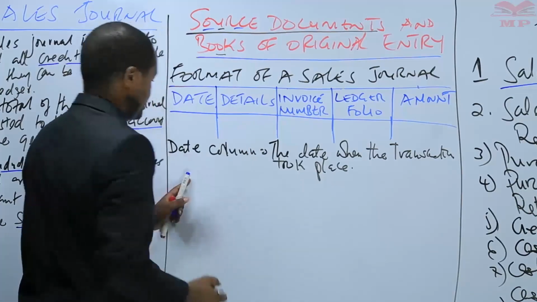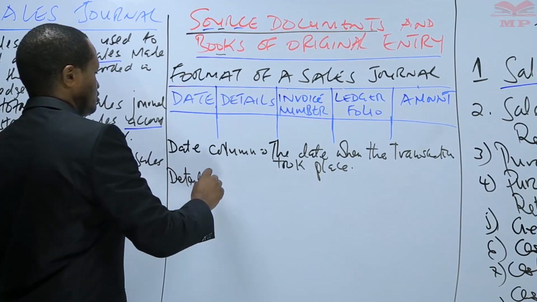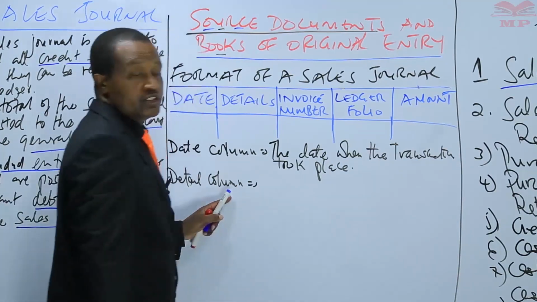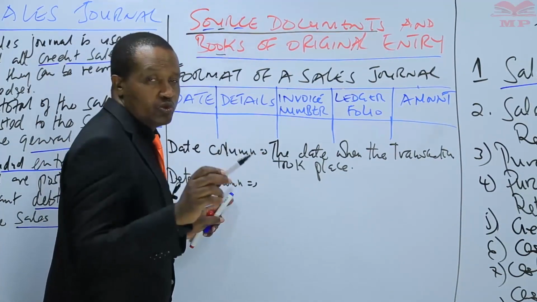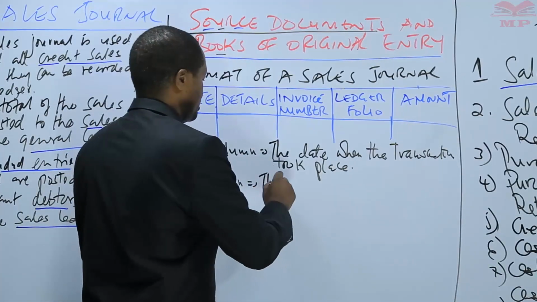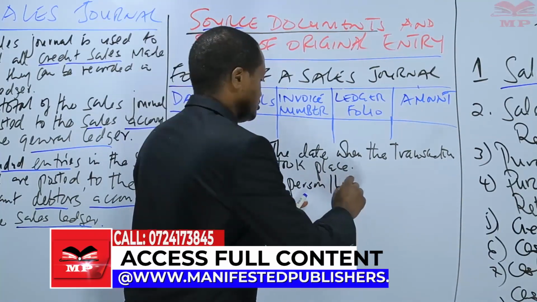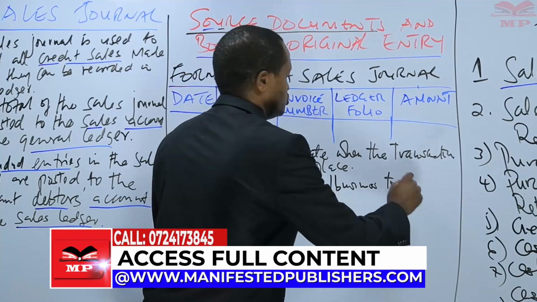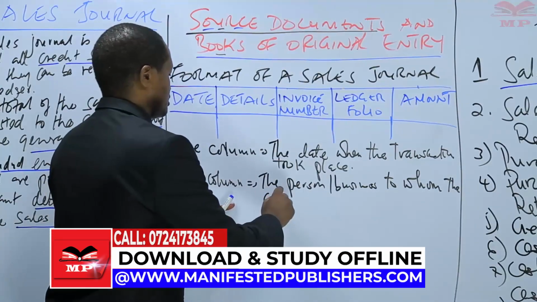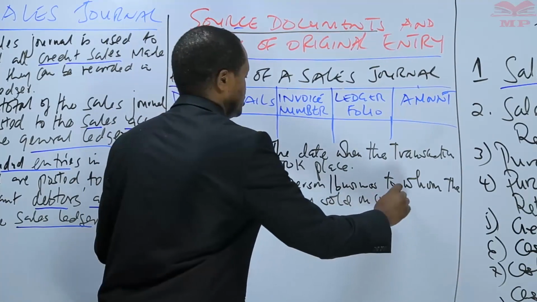Then there is the details column. Now, the detail column shows the person or business to whom the company sold on credit.